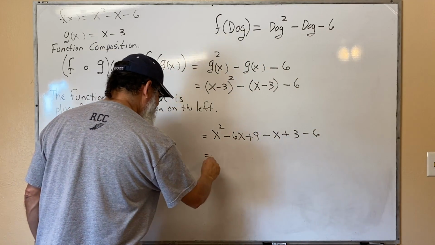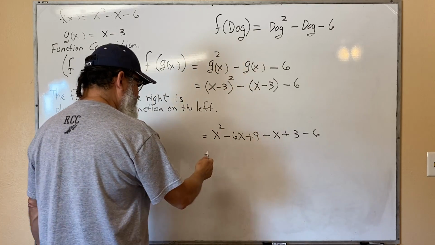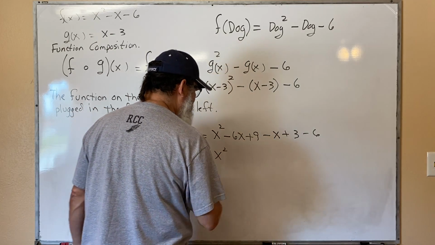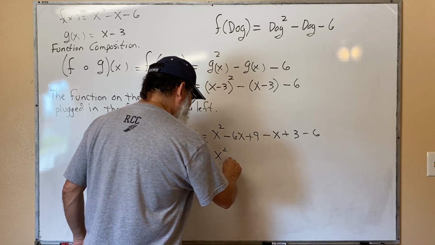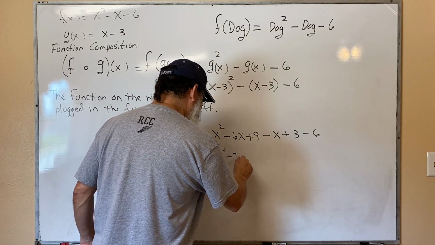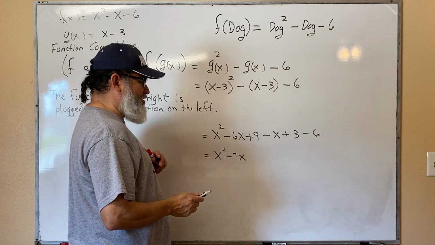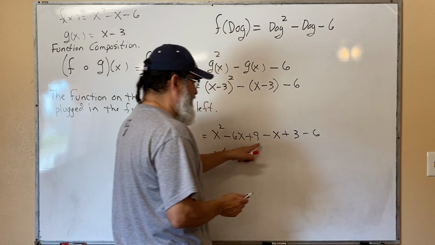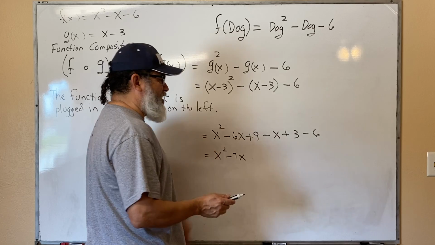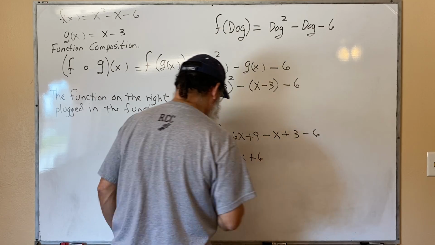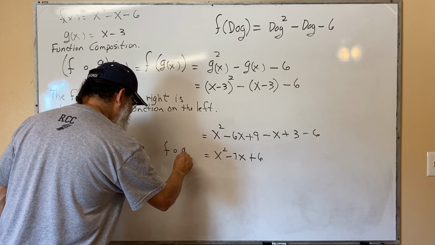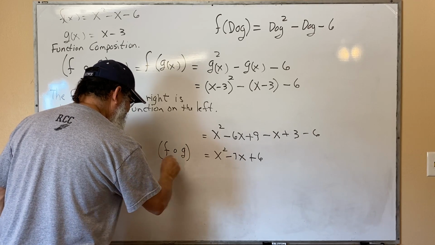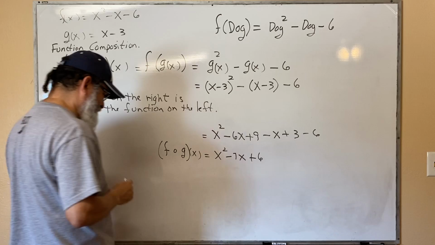Simplify it. And so therefore, this is going to be x squared minus what? Minus 7x. What else? 9 plus 3 is 12, 12 minus 6 is 6. This is f of g of x.